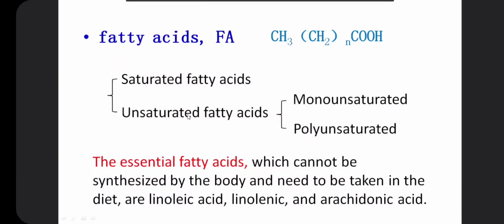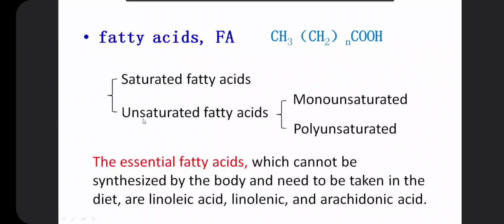Unsaturated fatty acids have a number of double bonds in the chain and are mainly derived from plant origins, such as sunflower, soybean, or corn oil.